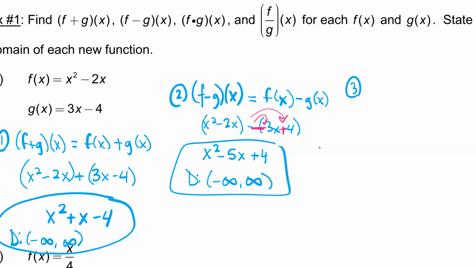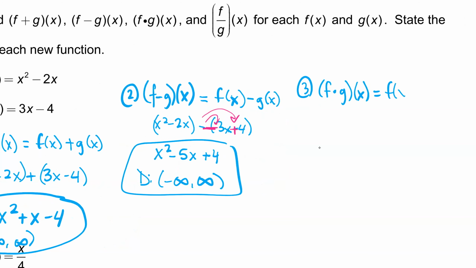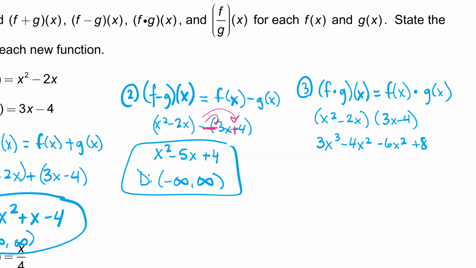All right, third, f times g of x. What this means is I'm just taking my first function and multiplying by my second. So this is going to be x squared minus 2x times 3x minus 4. I have to FOIL this out. So I have 3x to the third. First, outer, minus 4x squared. Inner, minus 6x squared. And last, plus 8x.